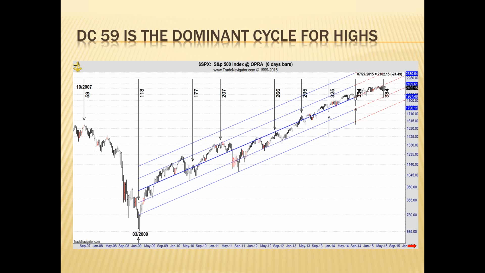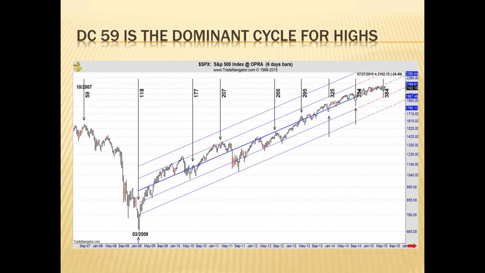And these numbers you see running along the top here, 59, 118, 177, 207, on they go. They're all half cycles or full cycles of 59 because it repeats. And you can see that in March 2009, it gave us a low. These cycles are accurate to plus or minus one period.